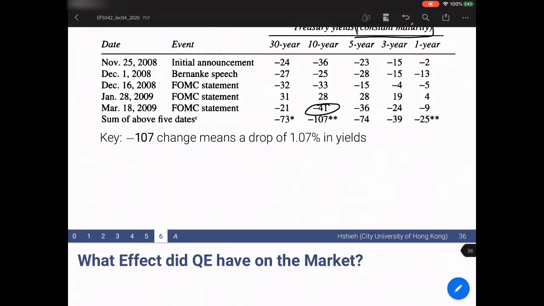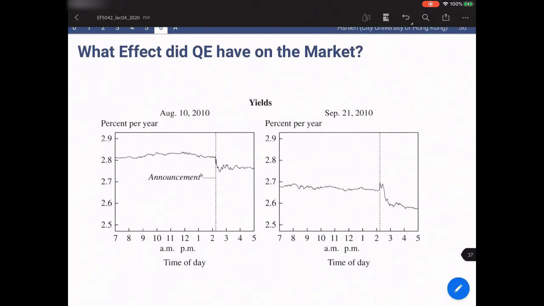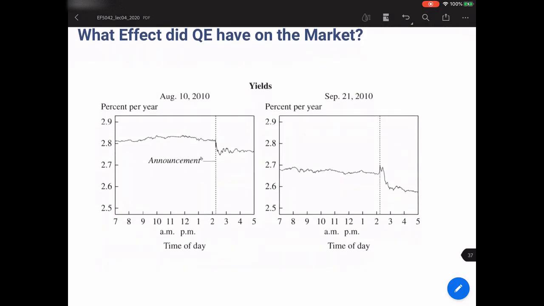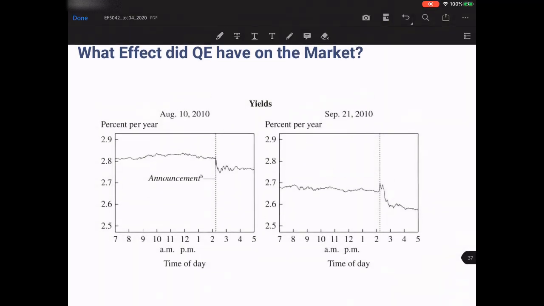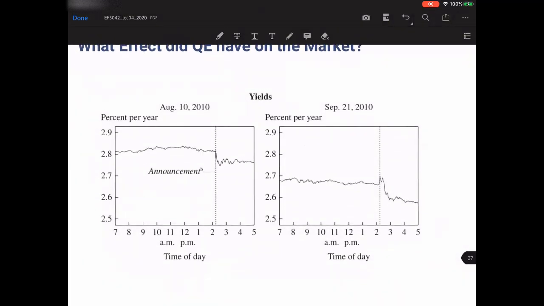All right, last two plots on the effect of the QE on the market. On August 10, 2010, the central bank decided to roll over their QE policies, which means they are going to keep the balance sheet of the central bank the same. This is a rollover policy.